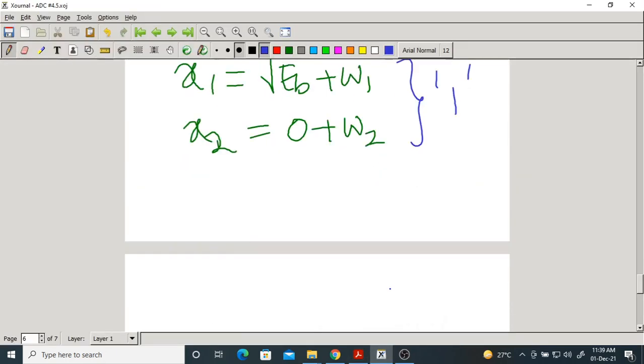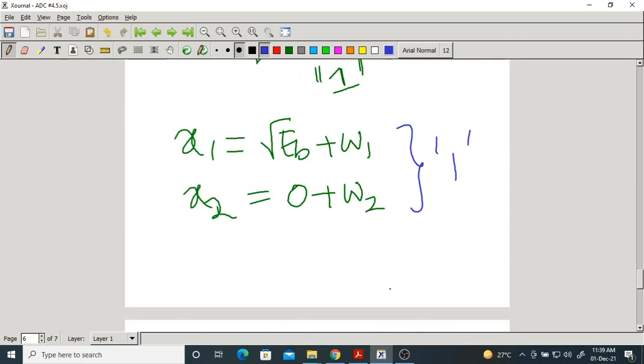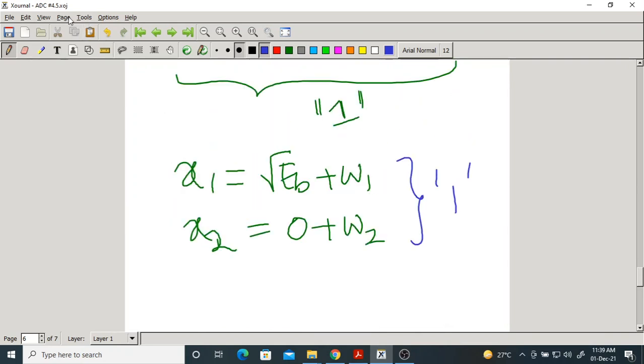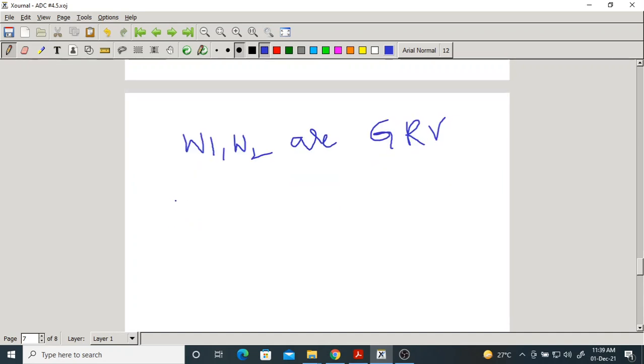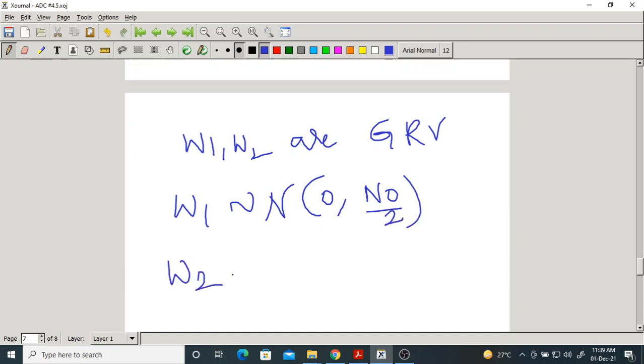Here, without loss of generality, we must mention what W1 and W2 are. W1, W2 are Gaussian random variables. What is the mean of W1? 0 mean, variance N0 by 2. W2 is also the same, 0 mean, variance N0 by 2.